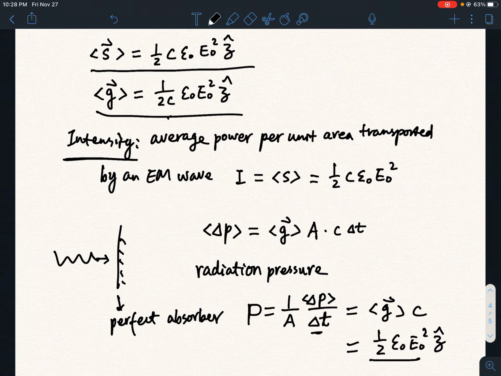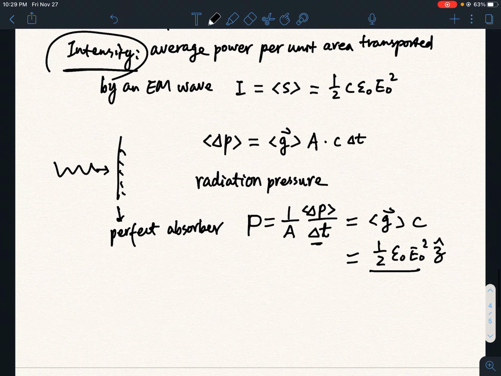Of course, if this wall is a perfect reflector, the light hits there and is totally reflected. Now you can see that the pressure is twice as great as in this case, because you can imagine the light is reflected the same way, so the pressure is 2 times bigger, because the momentum now switches direction instead of being simply absorbed.